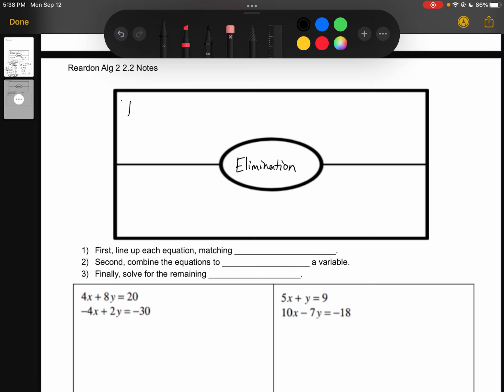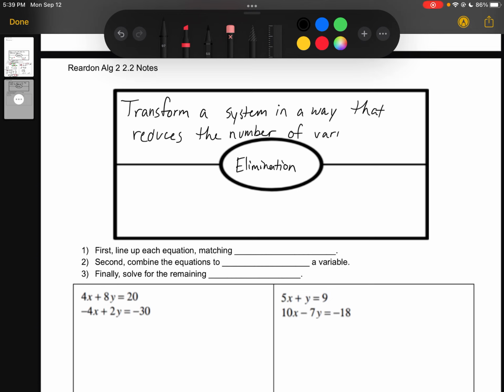So in this process, what we are doing is we are going to transform a system in a way that reduces the number of variables.